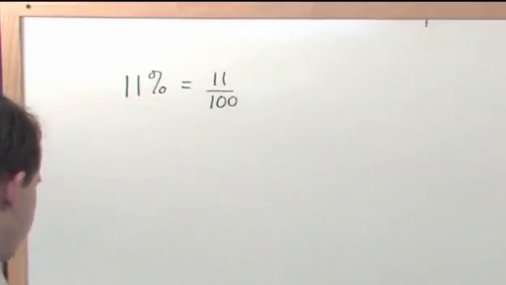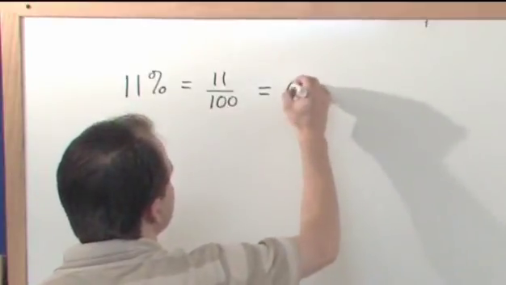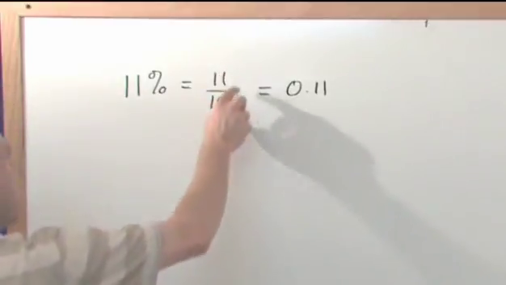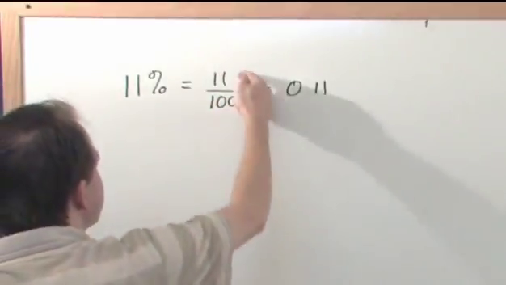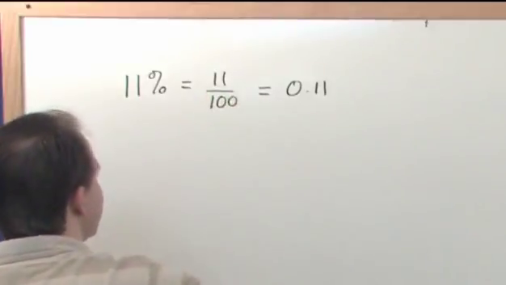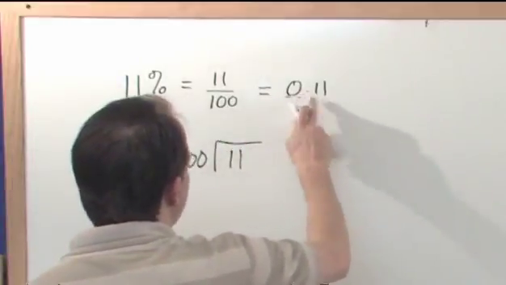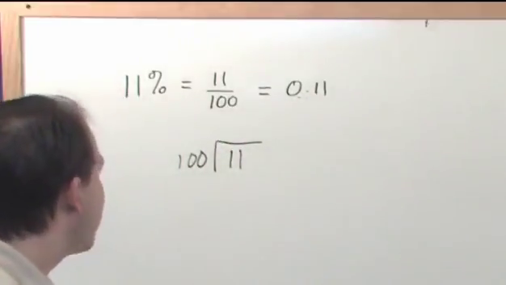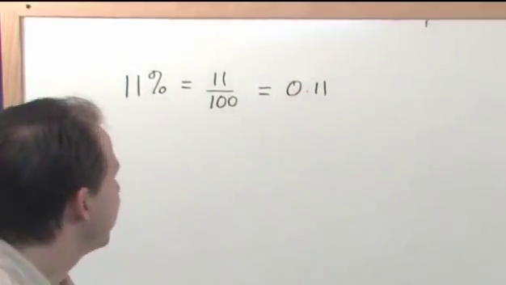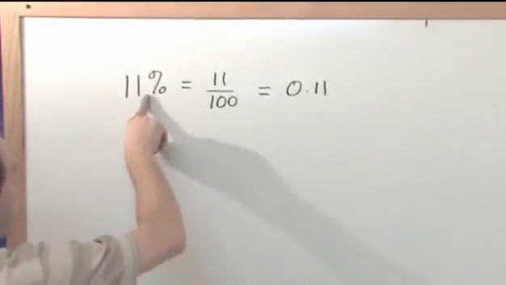Now, you can also express it as a decimal. So 11% is also 0.11. Because it's 11 out of 100, if you were to actually do this division, which, by the way, any fraction is division, if you were to take 11 and divide it by 100, the answer you would get would be 0.11. You can do that with any fraction to get it into a decimal, but the quick and dirty way is to look at the percent, 11%, and after any number, there's an implied decimal point.